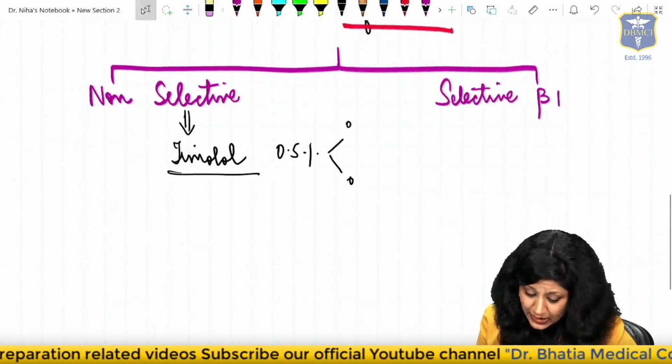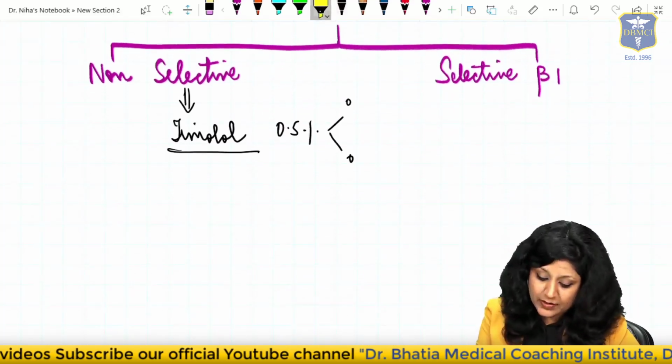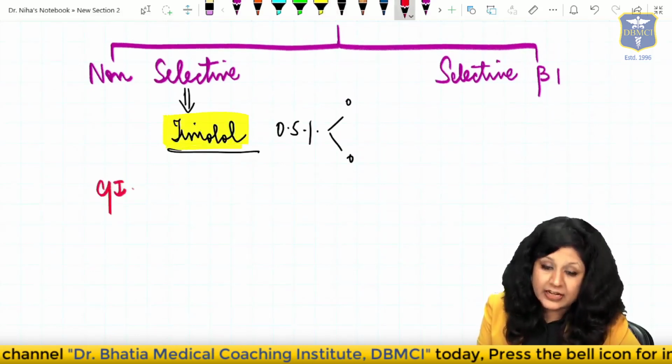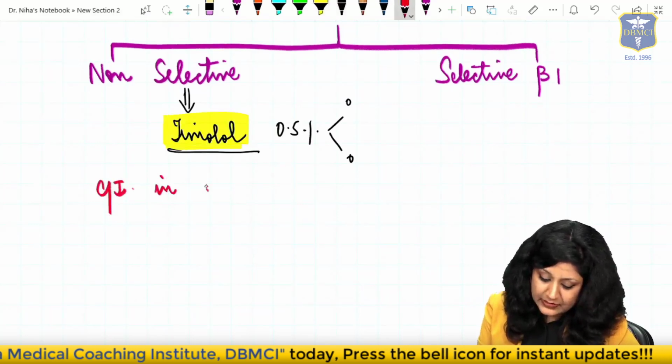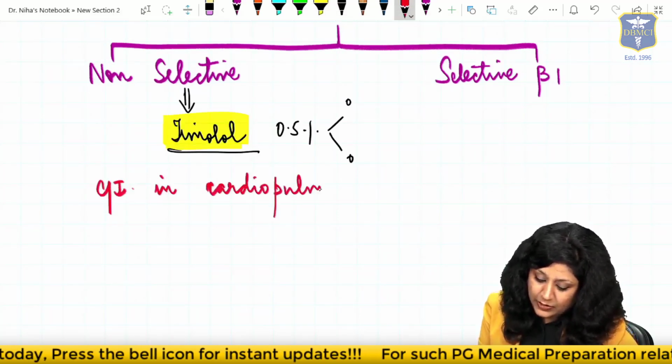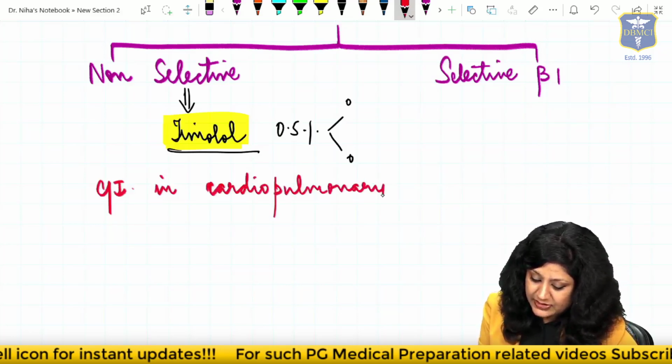Now, what is the problem with this drug? Timolol is contraindicated in cardiopulmonary diseases.